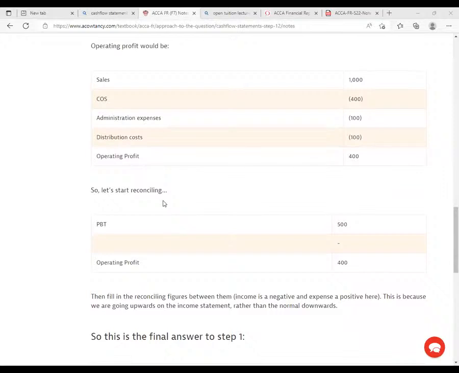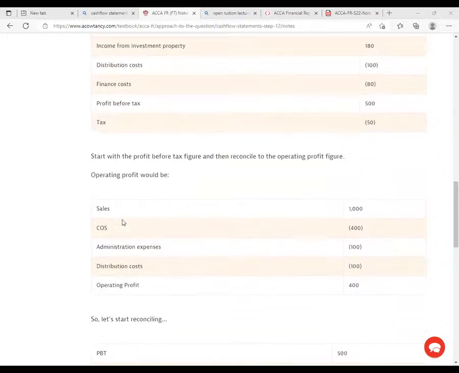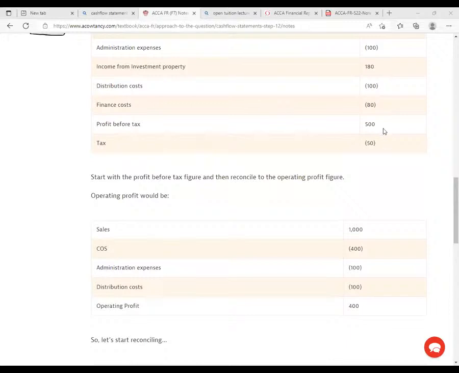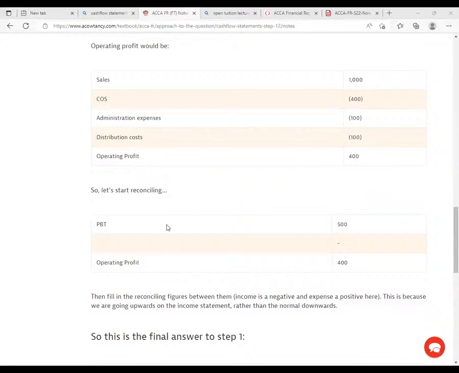The reconciliation that they want you to do, they want you to start with the profit before tax, this 500 here. Then you work backwards until you get operating profit. Let me give you 1 minute and we see whether there is anybody who will be able to reconcile so nicely before I start doing something.